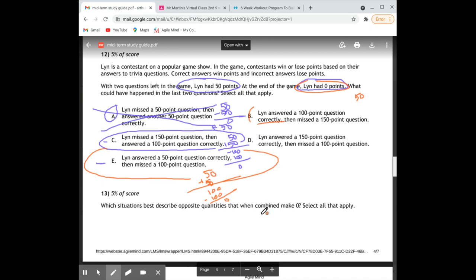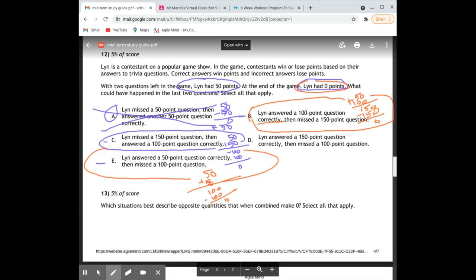So would you add 100 or subtract 100? Add. Good. All right. And then it says she misses one that's worth 150. If you miss it, are you adding or taking it away? Taking it away. And what's 150 minus 150? 0. So is that a correct answer? Yes.